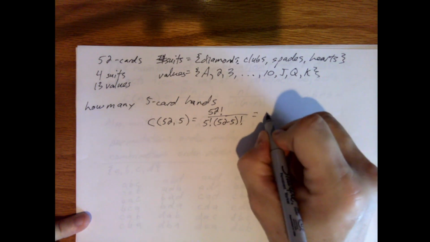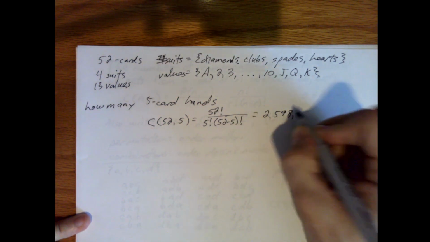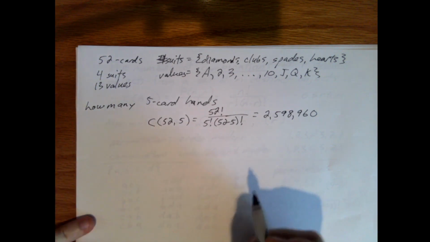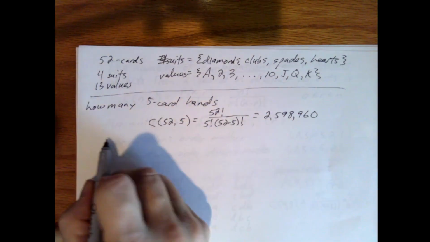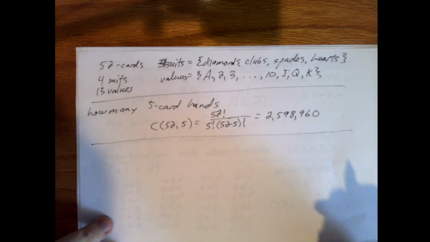And this becomes 2,598,960. All right, so there's about 2.6 million different possible hands. So that's one problem. But of course, different hands win different games, right?